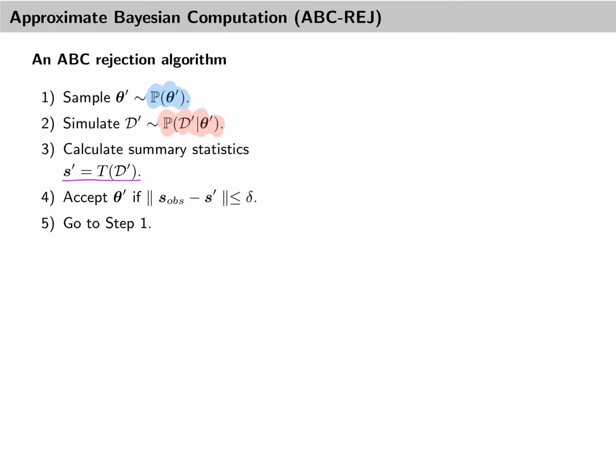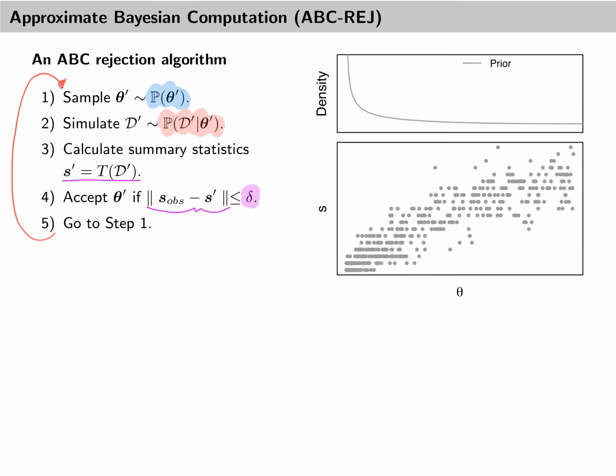Instead, we accept the candidate parameter vector θ' if the resulting summary statistics S' are close to the observed summary statistics. For this, we calculate a distance between S observed and S', and if that distance is smaller than a threshold delta, we accept the candidate vector. We then again repeat those steps for as long as we wish. Before we discuss this algorithm in more detail, let's have a look at the graphical representation of it.